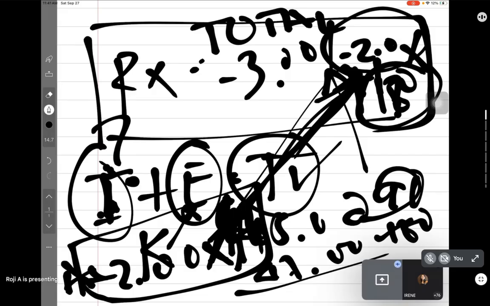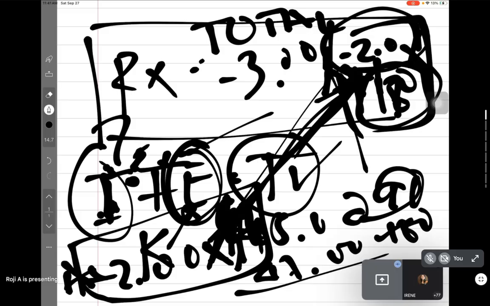But of course, we only have K reading, so we do the deduction method, correct? We have the external, but we don't have the internal. So we think of a number that would give me a total of minus 2, 180. Probably inside, I have a minus 4.